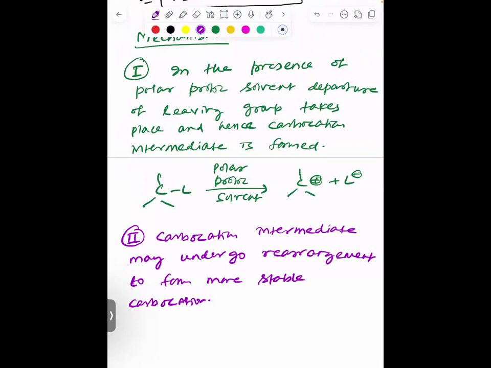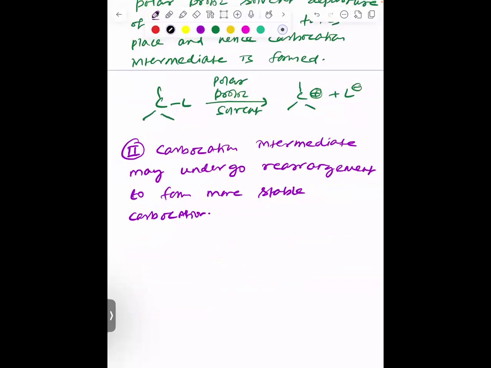Note down. First step, formation of carbocation; second step, rearrangement of carbocation. Our second step will not always happen. In specific cases it is going to take place but not always. Second step is clear. Now come to third step.